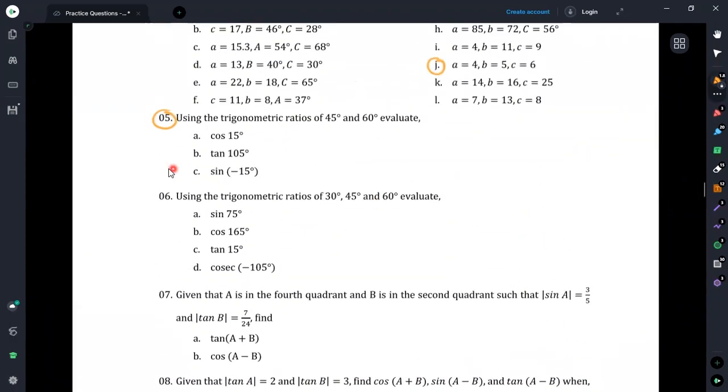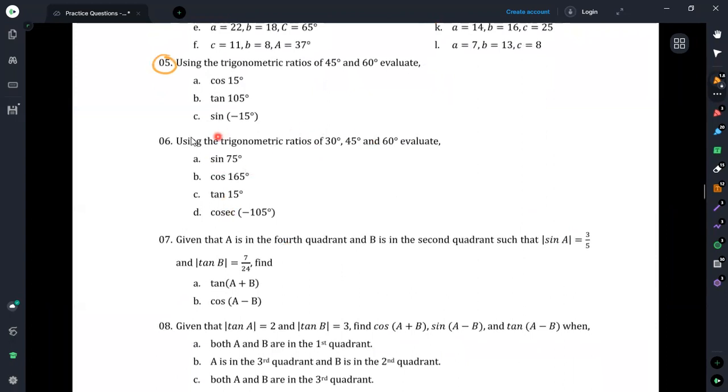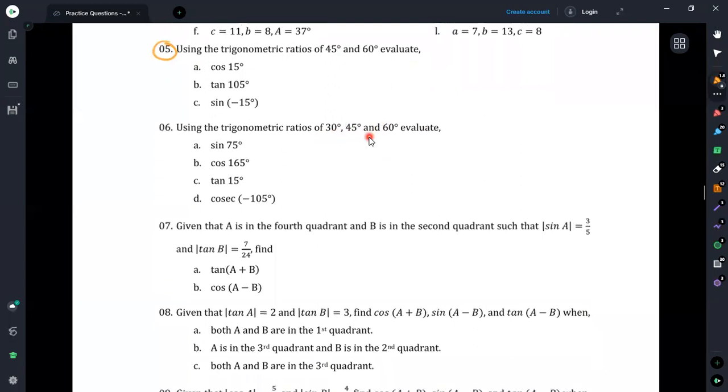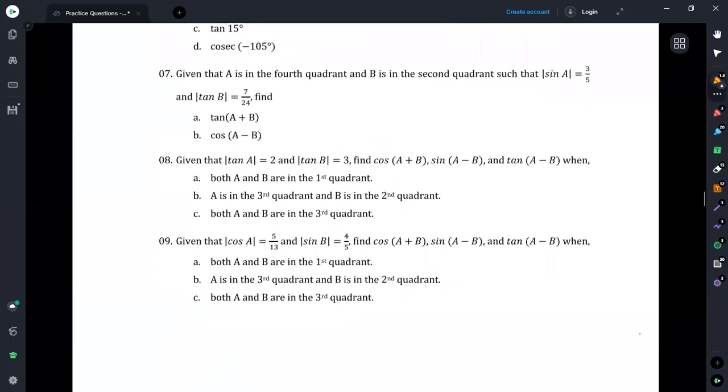The sixth question is quite similar to question number 5, so you can try it. Now we will move to the discussion of the next question. Here I will take the discussion for question number 7.